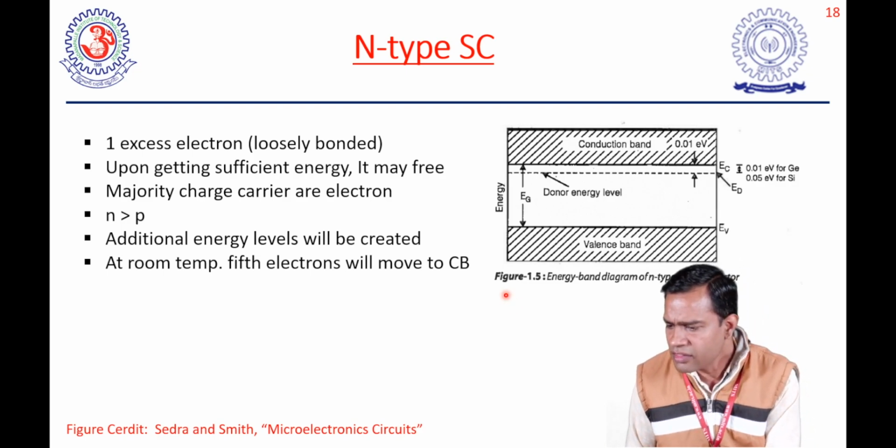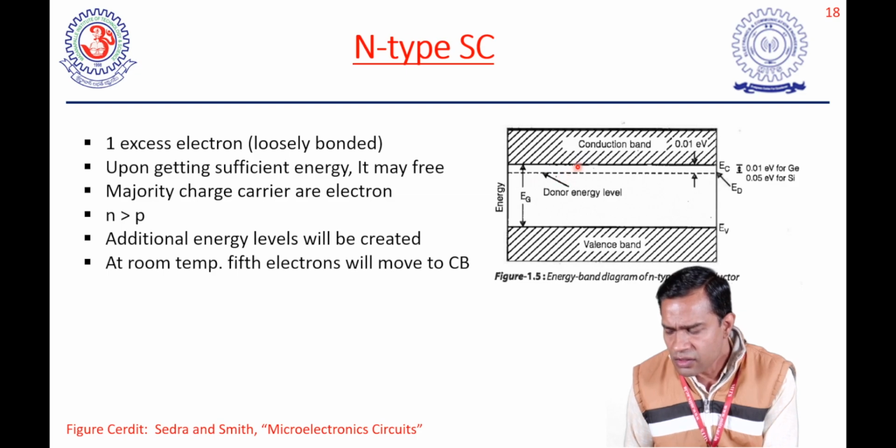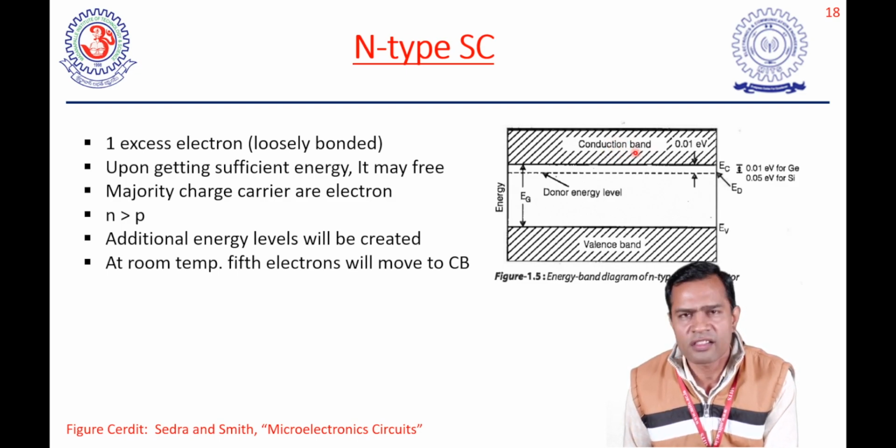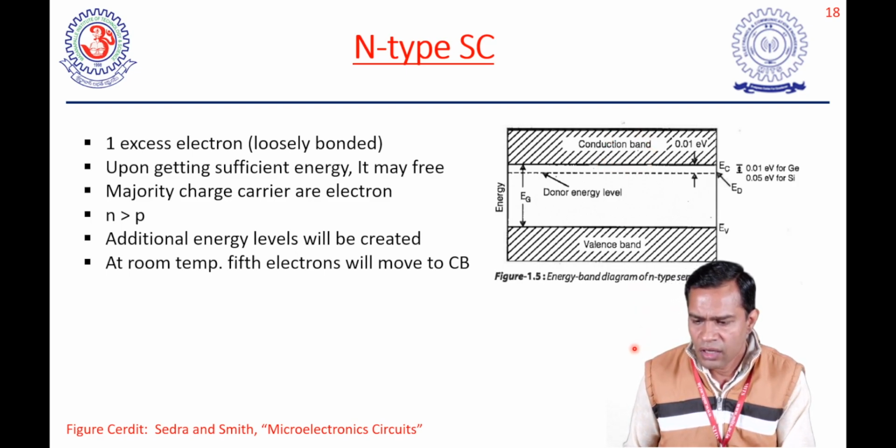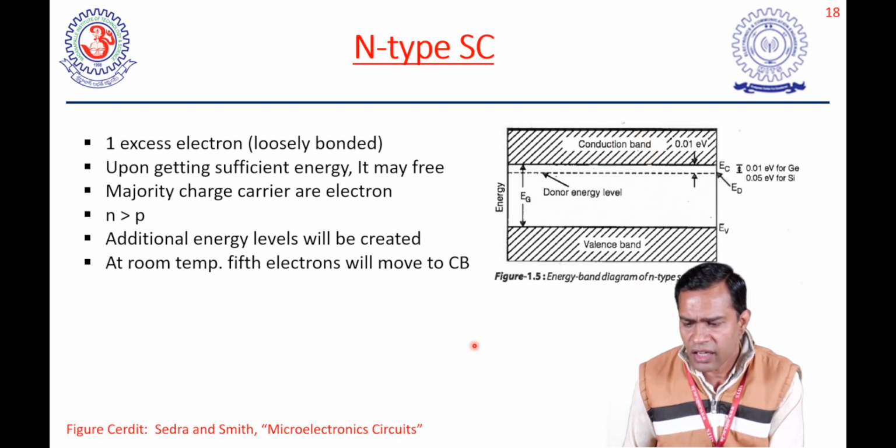You can see in the picture, this is just below the conduction band, or we can say very near to the conduction band in case of n-type. And here n is greater than p, meaning the number of electrons is greater than the number of holes.